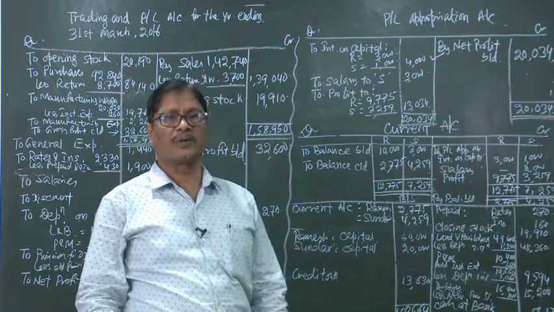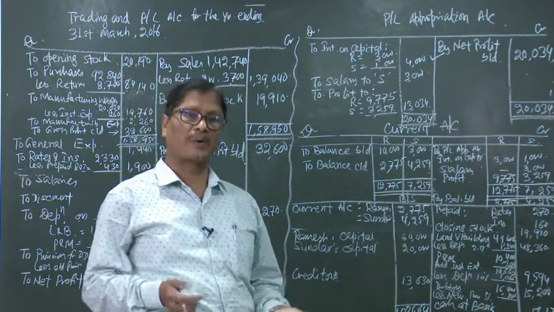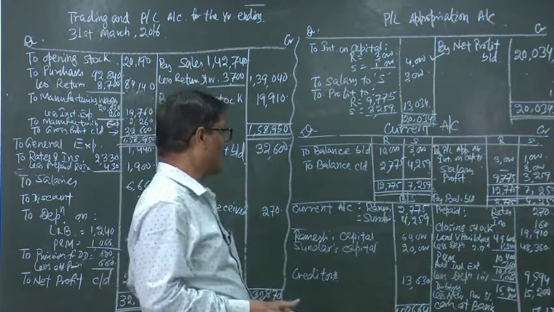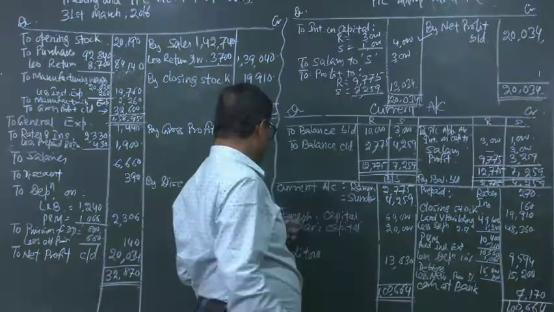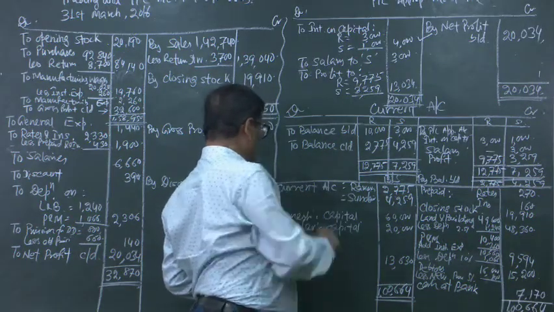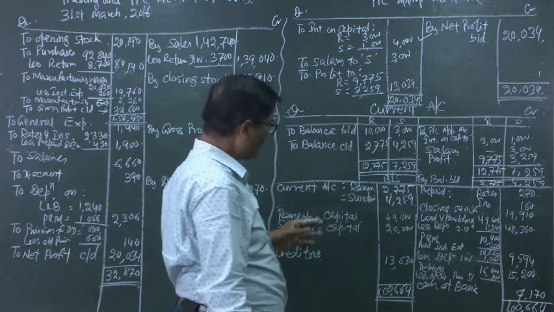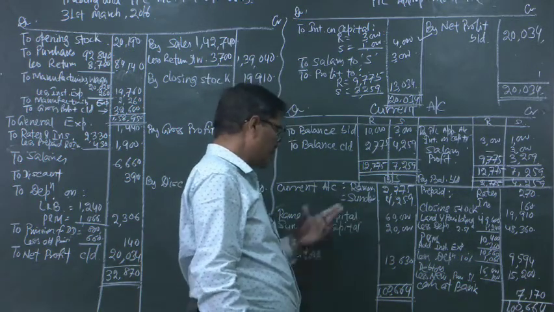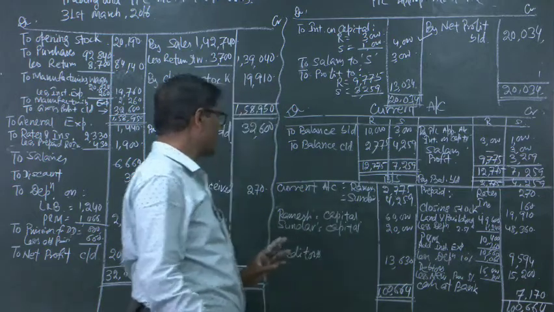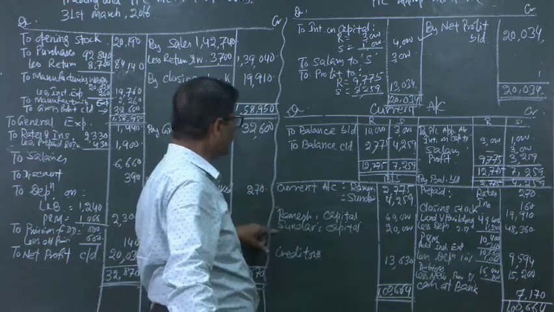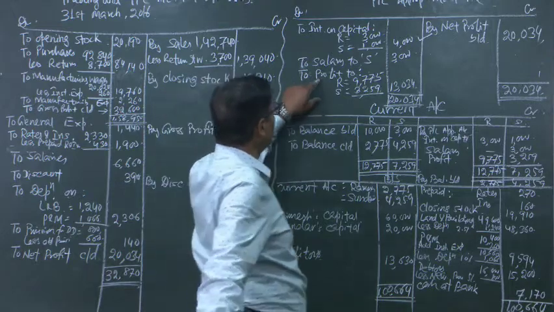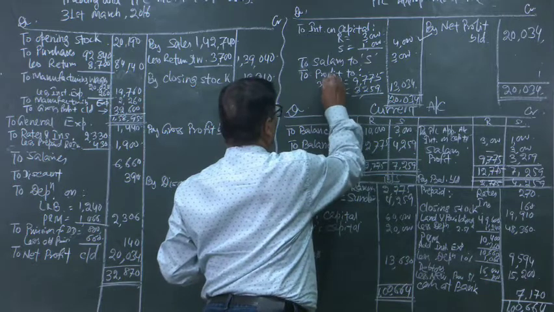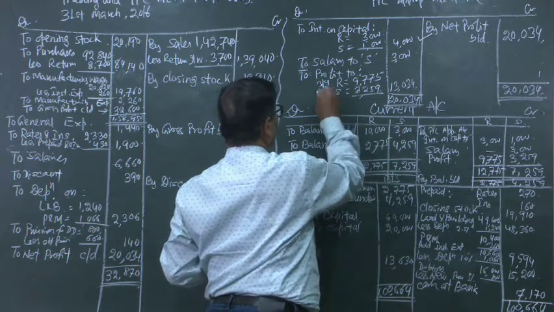Here the agreed ratio is the capital ratio. It may be the capital ratio, it may be different from the capital ratio also, but in our problem they have agreed to distribute it according to their capital ratio. Because the capital is fixed, that is 60,000 and 20,000, 6:2 or 3:1 is the ratio for distribution of profit between Ramesh and Sundar. So, here we are distributing the profit to Ramesh 3/4 and Sundar 1/4.